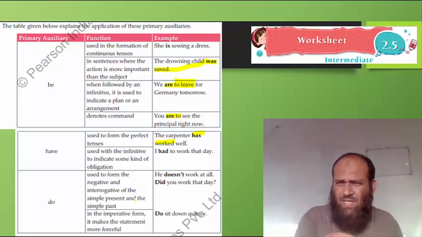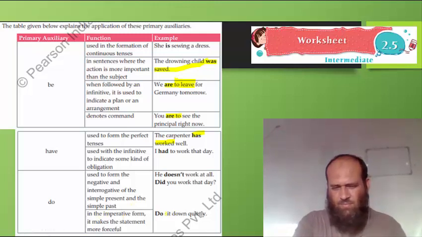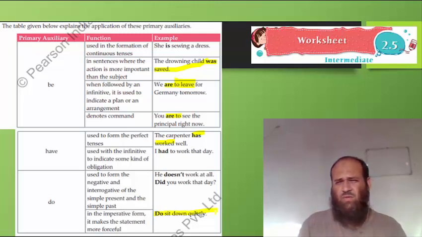Do you understand? Do you understand English? Do you understand when the teacher is teaching? Of course you understand. Similarly, in the imperative form, when we have to make it very clear, we use it in the positive sentence also. I did do it.